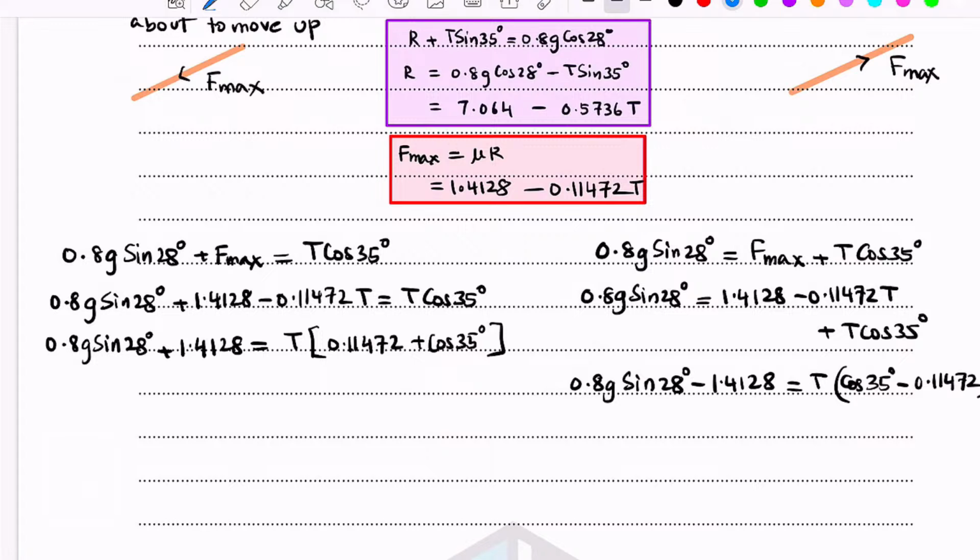So this is 0.8 into 10 into sine of 28, in degrees, which is 3.756. Plus 1.4128 divided by 0.11472 plus cosine of 35. Cosine of 35 comes out to be 0.8192, and this is T. So that is one value.